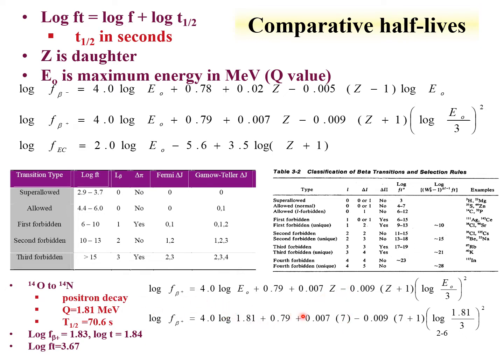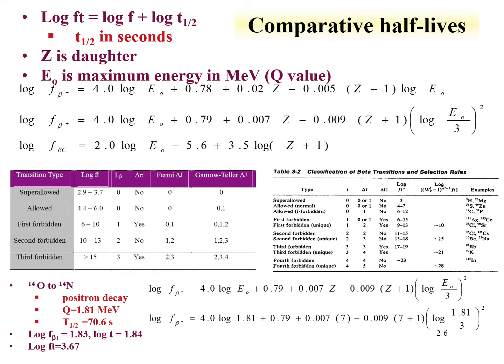It's the daughter. The Q value is for the E. I come up with a value of log F beta plus of 1.83. T is 70.6 seconds. Log of that is 1.84.